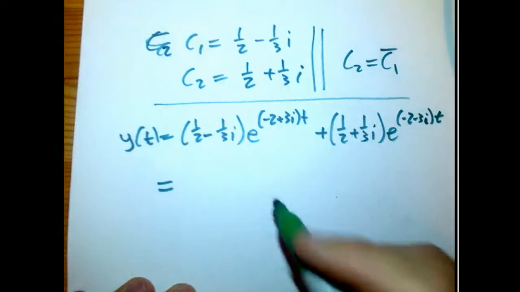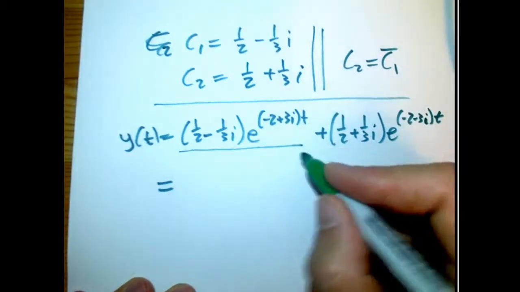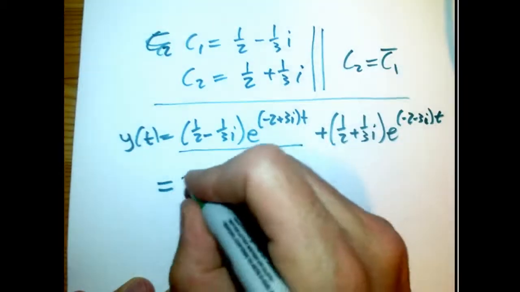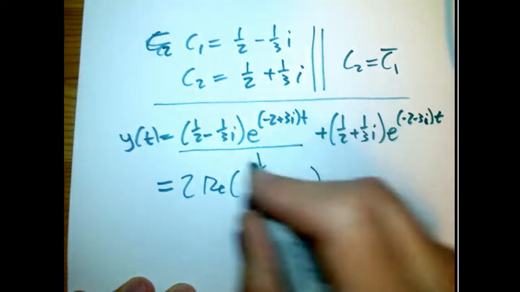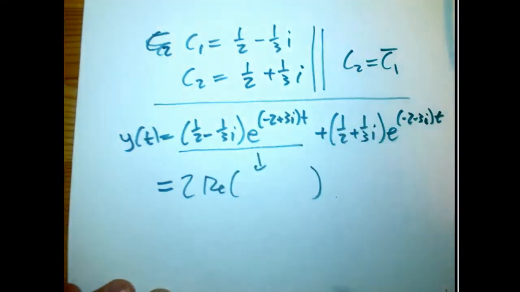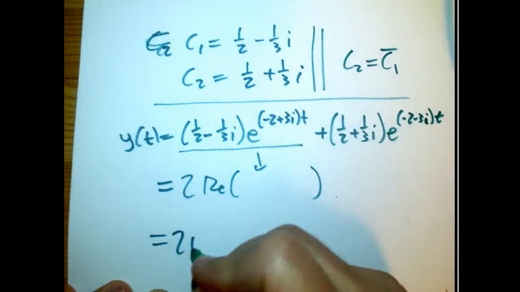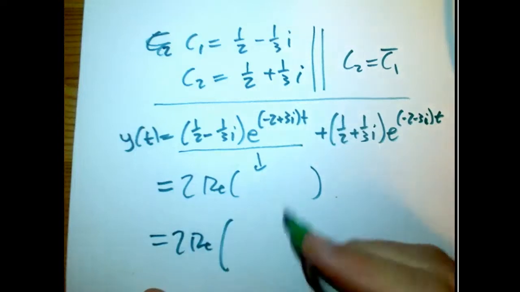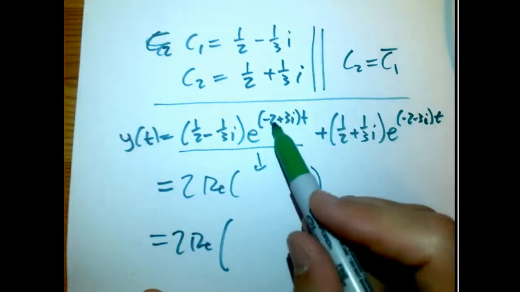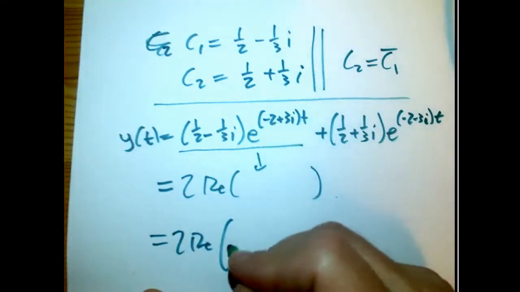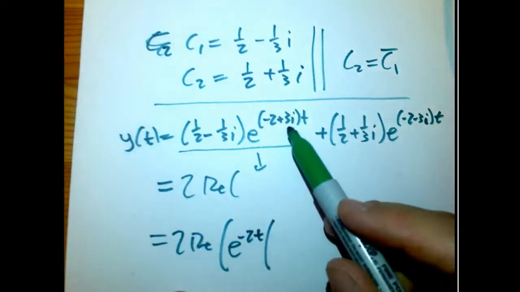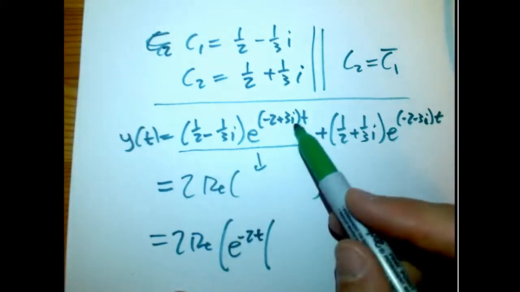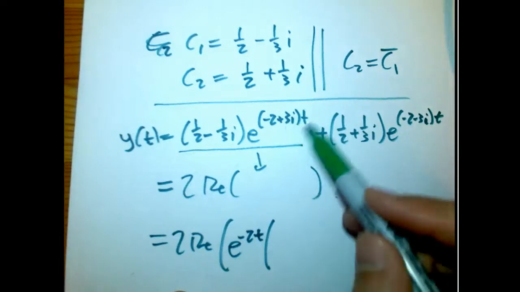It's a little more clever to realize, again, that this is some number plus its complex conjugate. So this is just 2 times the real part of that whole thing. That's just slightly slicker, okay? But we still need to figure out what that is. So I'm just going to get the real part. Now, e to the minus 2t comes out as a factor, and then I'm going to get cosine 3t plus i sine 3t.